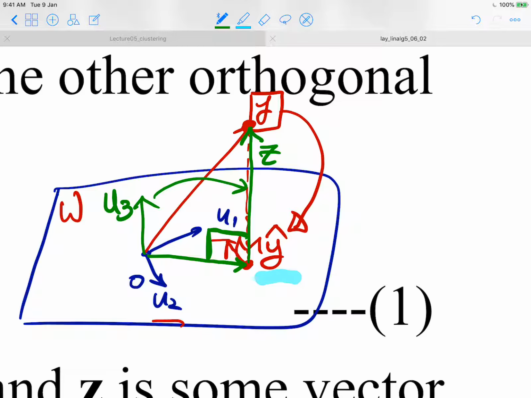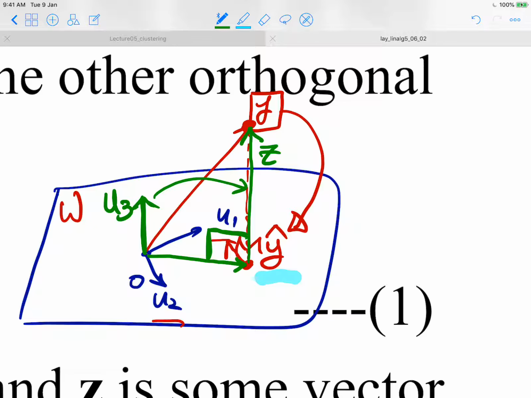The difference between the original vector and its orthogonal projection y hat forms a particular direction, so let's consider that direction and another basis vector u3 in this manner, which is parallel to z, together with u1 and u2. Okay, so they are still an orthogonal set.